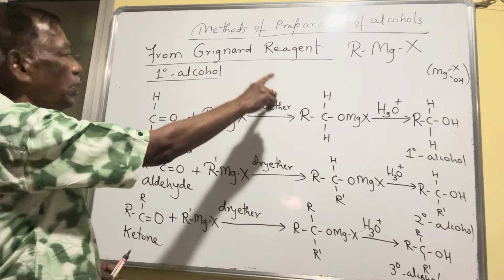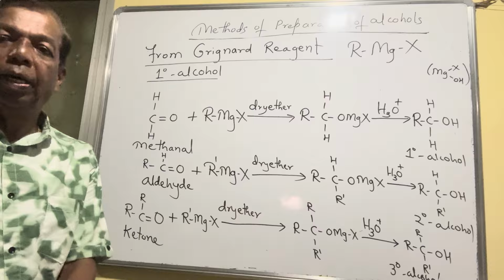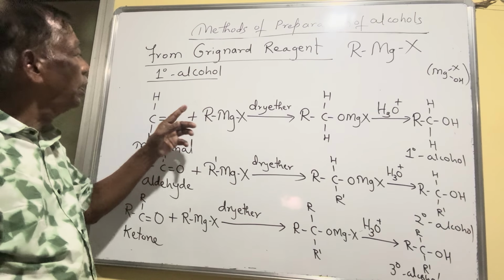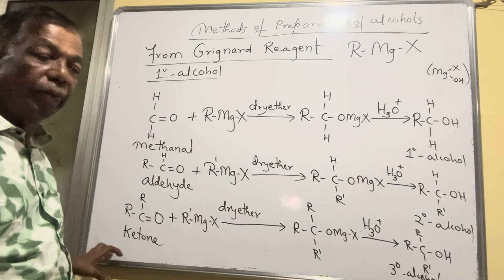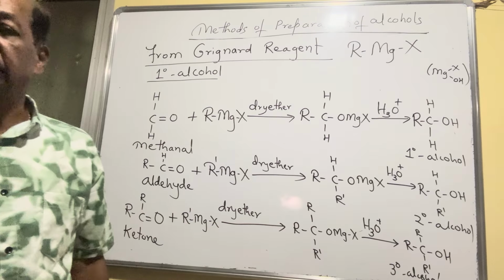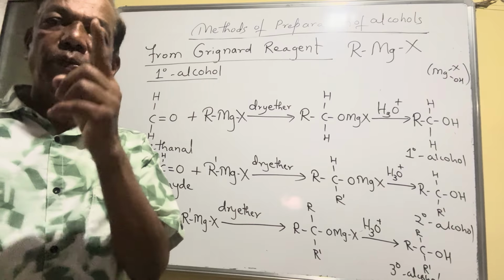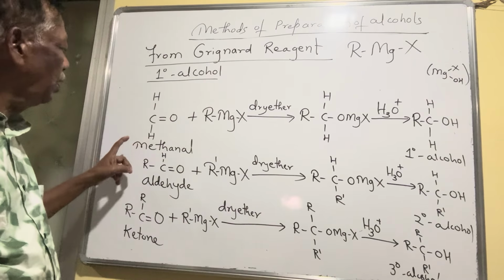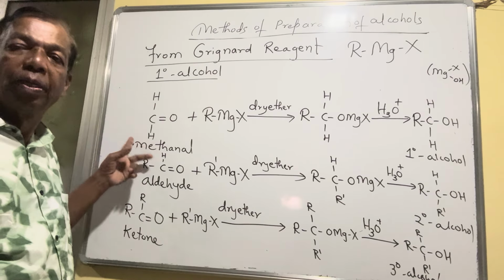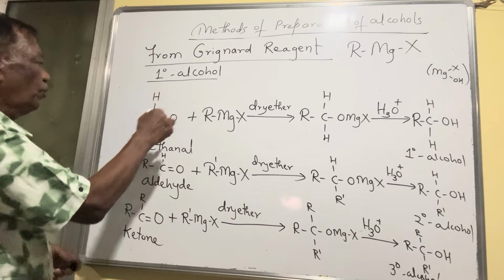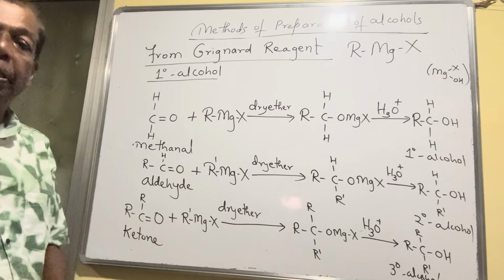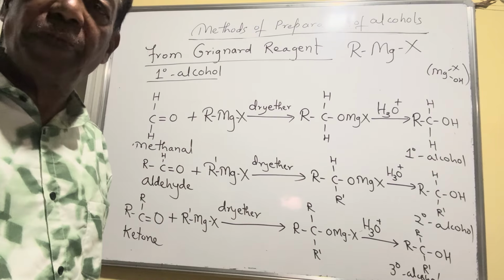So using Grignard reagent and aldehydes and ketone, you can get all three classes of alcohol. Only thing to remember, if you want primary alcohol, your starting material will be methanal. This is formaldehyde, also called methanal. All right. Example of this I will explain to you all in the next video.